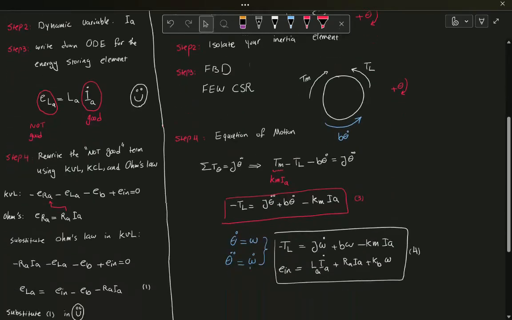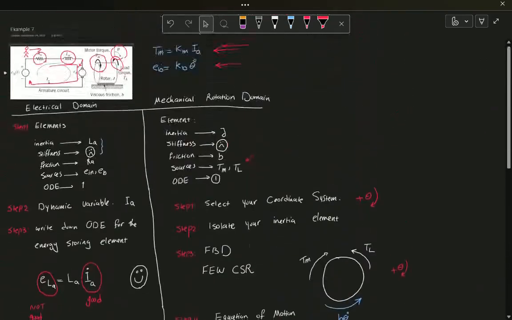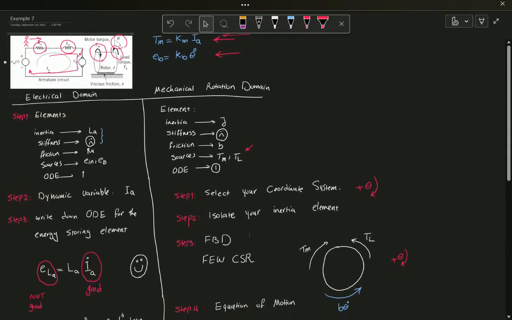At the very end, when we were about to box the equations, we used the equations for the gyrator to link one energy domain to the other. Those are the two equations we have here: the torque of the DC motor is connected to the current, and the back electromotive voltage is connected to the angular velocity.